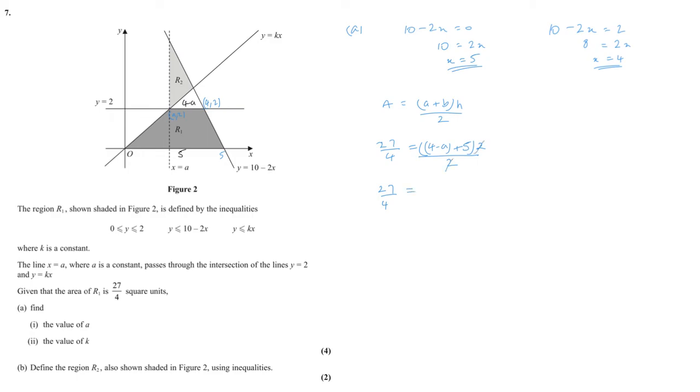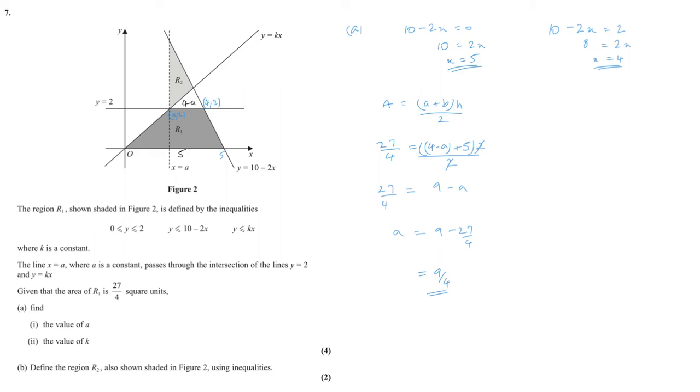These 2's will cancel with each other, leaving me 4 minus a plus 5, or 9 minus a. So a is equal to 9 minus 27 over 4, which is 9 over 4. So that now is a.